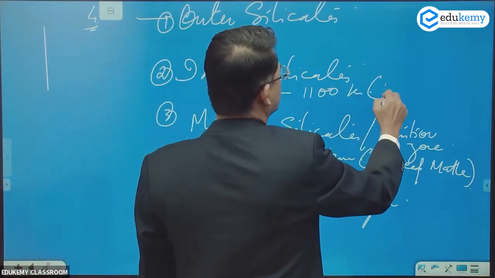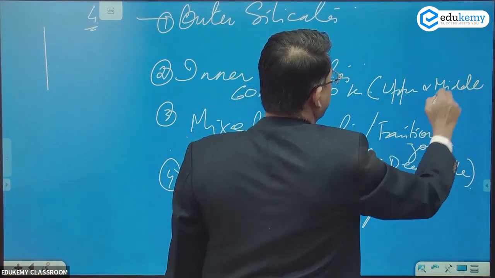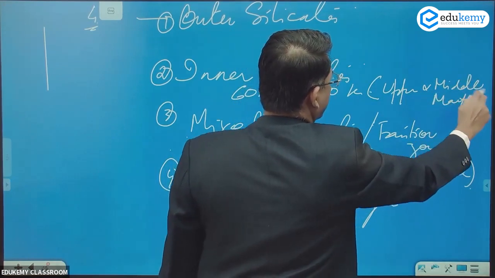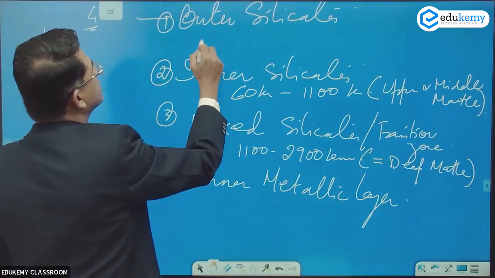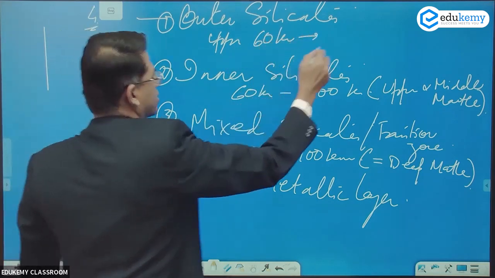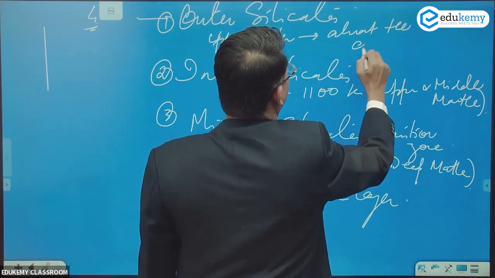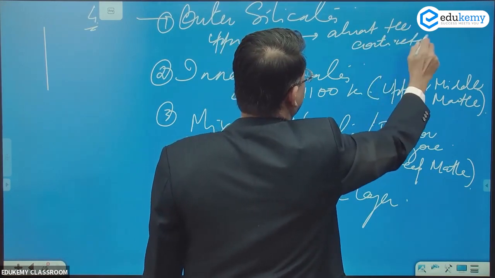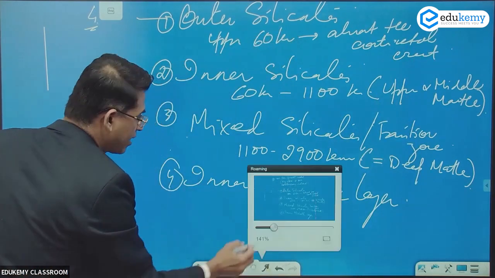This corresponds to the upper and the middle mantle. And the outer silicates is the upper 60 kilometers, almost the continental crust.